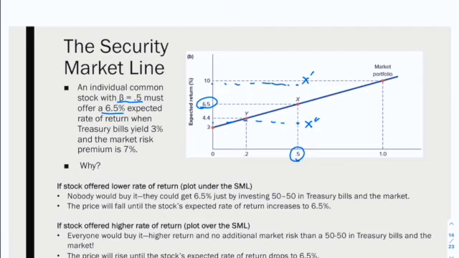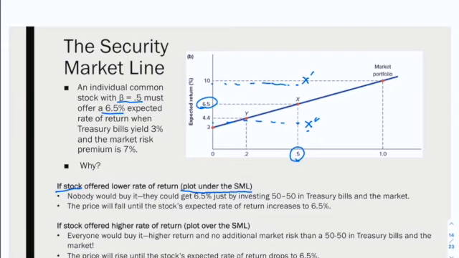For example, let's look at this X double prime first. If the stock offered a lower rate of return than what is according to the SML, meaning that it plots under the security market line here. If you think about it, if you are asking us to take 50% of the total market risk, beta equals 0.5, and you're providing us with a lower return than what we can achieve by holding half and half between the risk-free asset and the market portfolio.